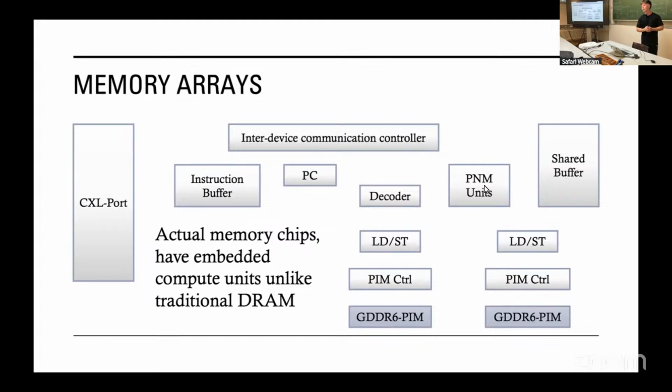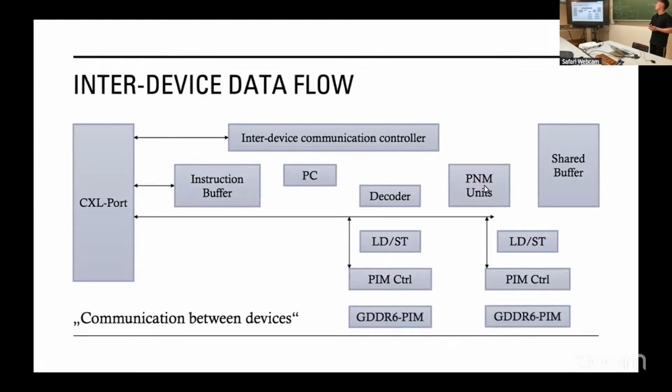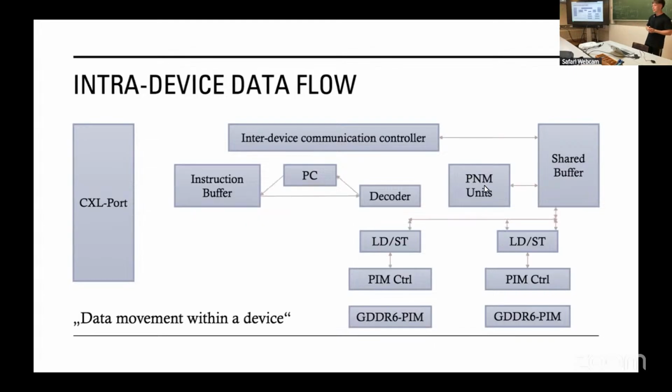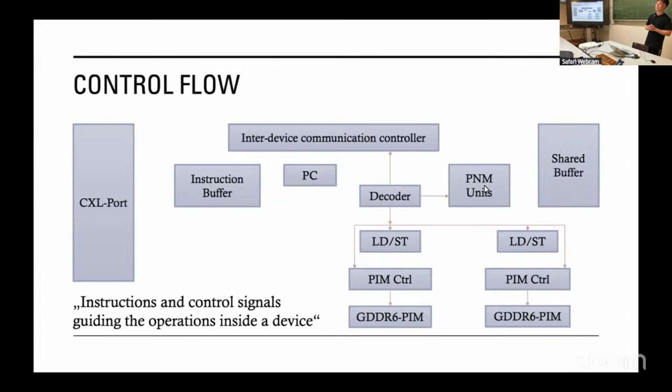And the memory arrays are the load store units, PIM control, and the associated memory chip. For the inter-device data flow, we use these channels. For the intra-device data flow, or the data flow within the device, those are the channels. And for the control flow where the instructions go, these are the channels.